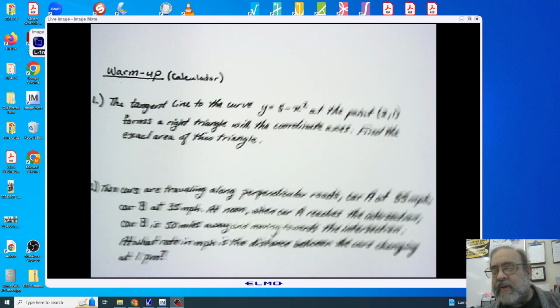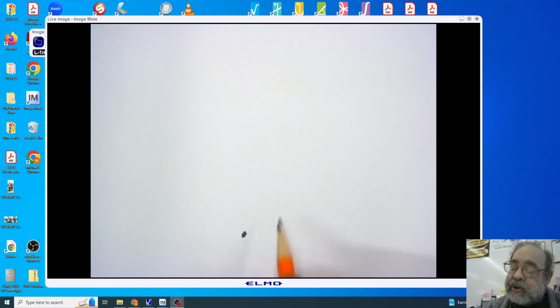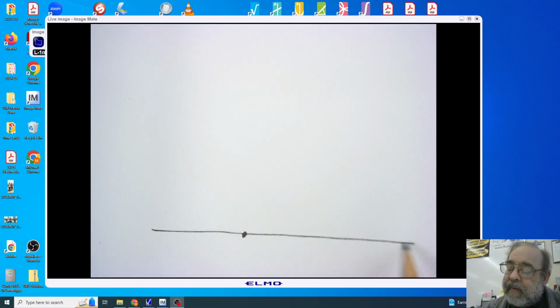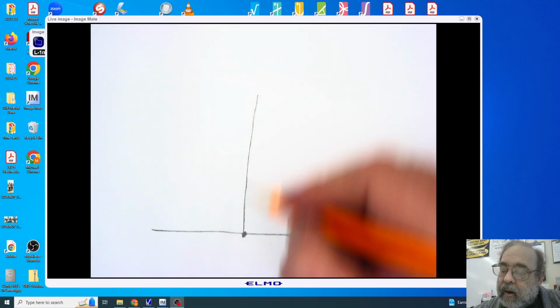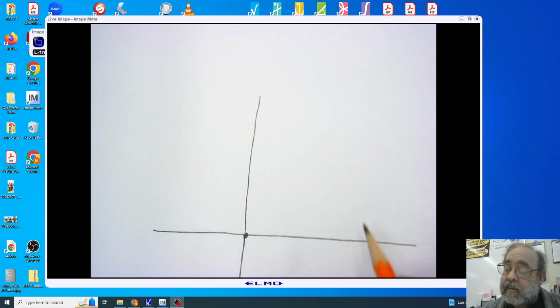So stop and think about this for a minute. We have a car that is at an intersection, moving along perpendicular roads. Now we have to decide, is car A going to be moving left or right, or up and down? I'm going to have it move up and down, and it's moving at 55 miles per hour. Now at the moment that car A is right at that intersection, car B is 50 miles away, moving towards the intersection at 35 miles per hour.